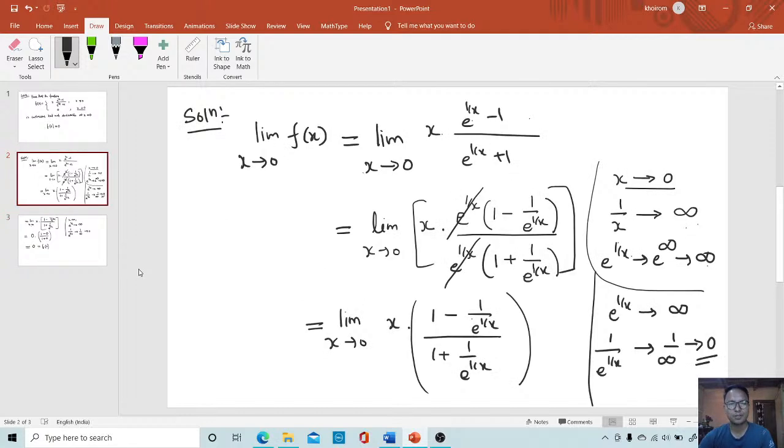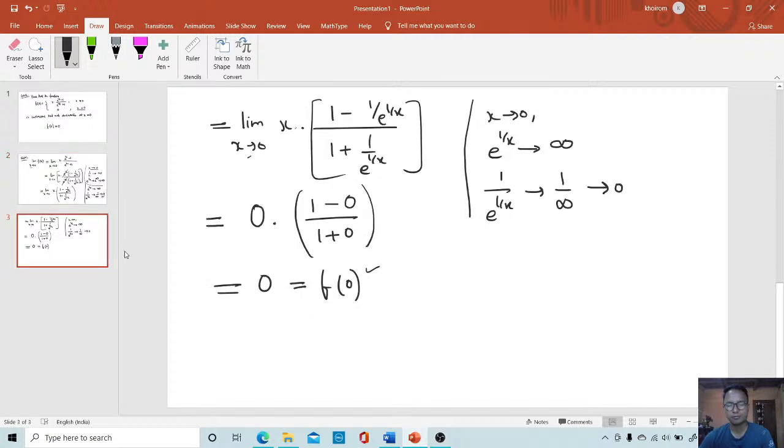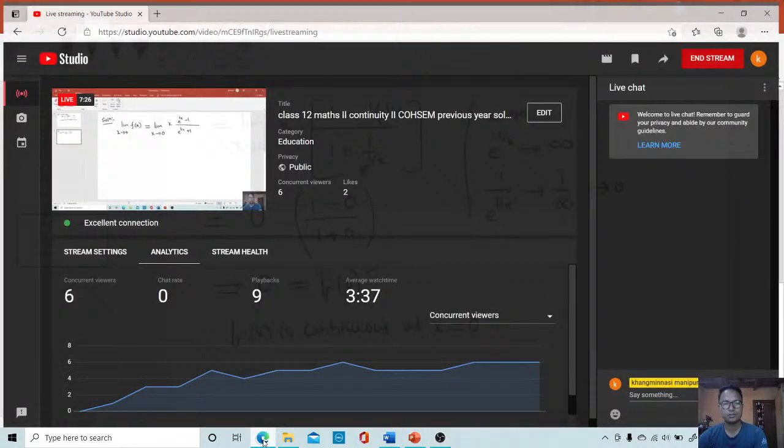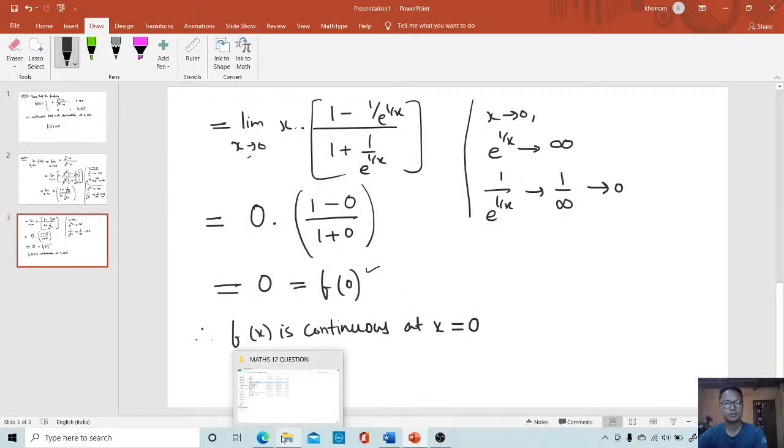The limit of f(x) as x tends to 0 is equal to f of 0, so therefore f(x) is continuous at x equal to 0. So the function f(x) is continuous at 0, right?